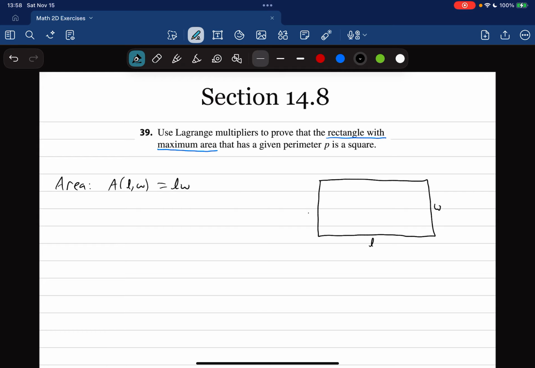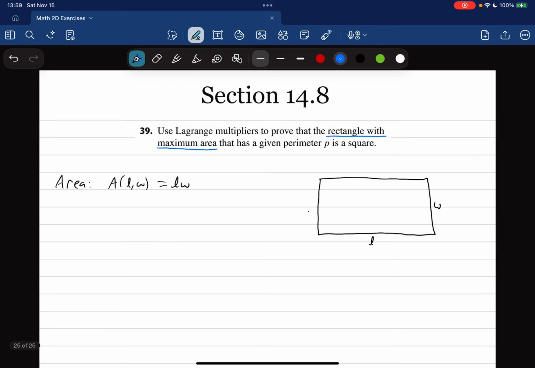Now we're also given, right here, that the perimeter of the rectangle is just P. Now the perimeter, let me write a function for this.